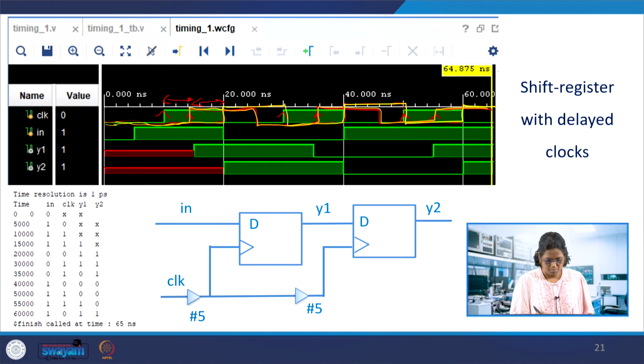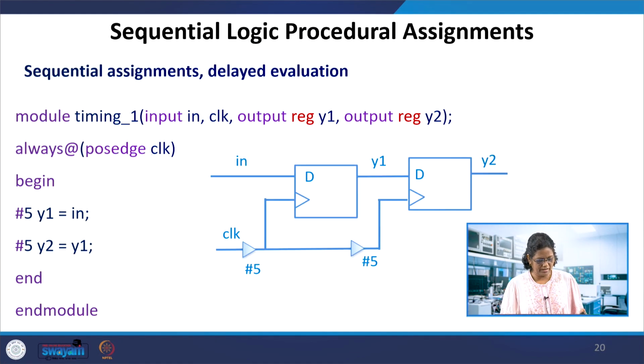Now the first input: look at this clock and input, assign it, look at this point and then assign it, and then look at this point, this is 1, assign it to y1. That's all. So the second flip flop, look at this clock which is over here and look at y1 and assign it. Okay, and similarly look at y1 and assign this over here, look at y1 and assign it. Okay, so this is the case of immediate assignment, delayed evaluation.